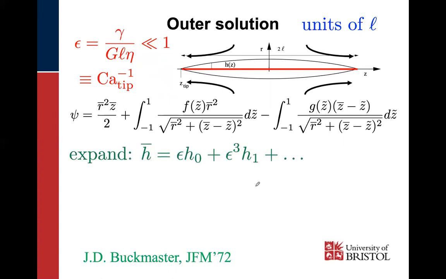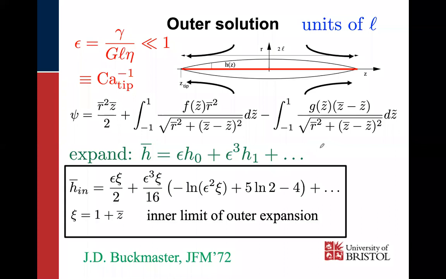And you have a new expansion parameter, which is epsilon, which is essentially the inverse of the capillary number, the flow strength at the tip. And you expand everything in this epsilon. And this is a calculation whose structure was written out by Buckmaster.